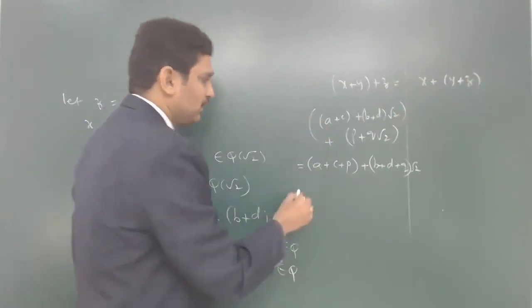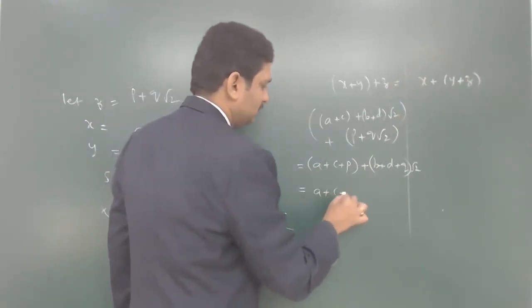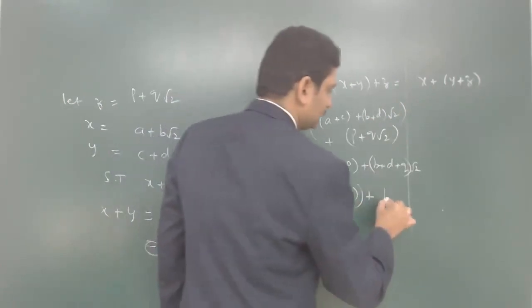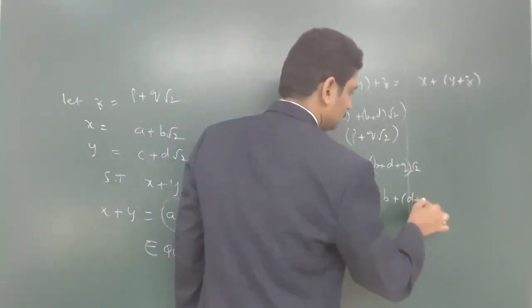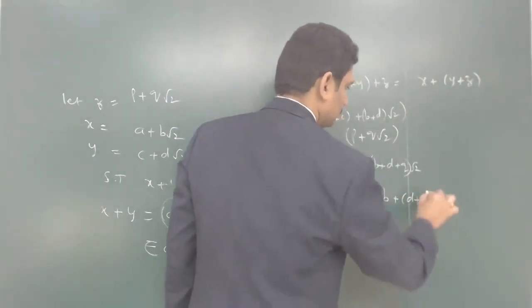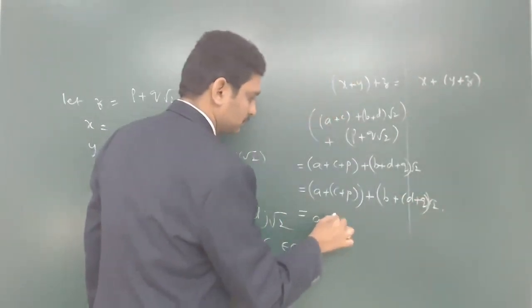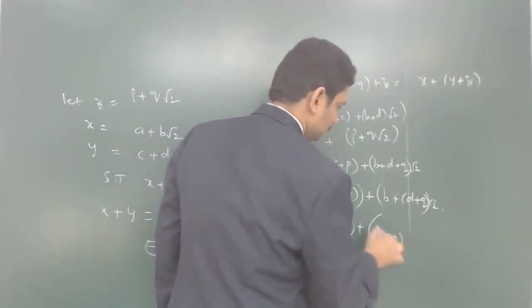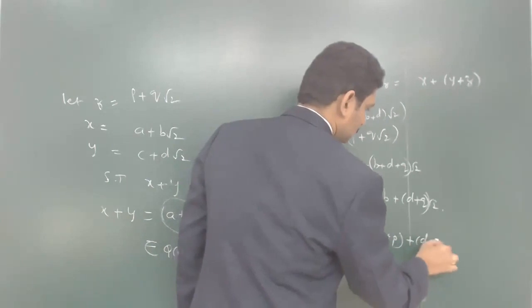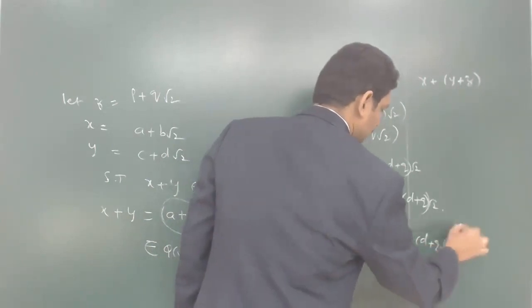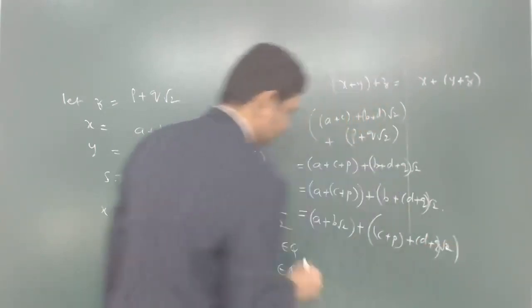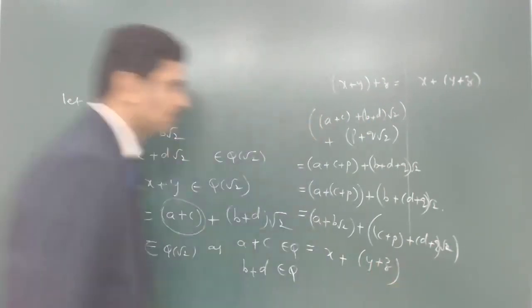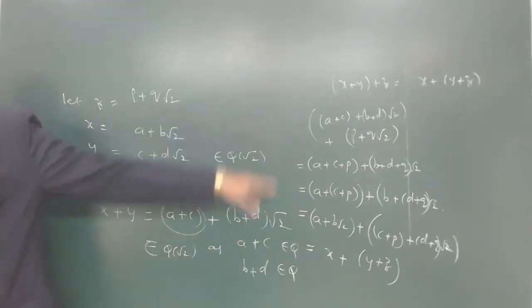Or you can adjust the terms here so that you will get that idea. Because here if you consider, you can write like this, so you can modify the values.